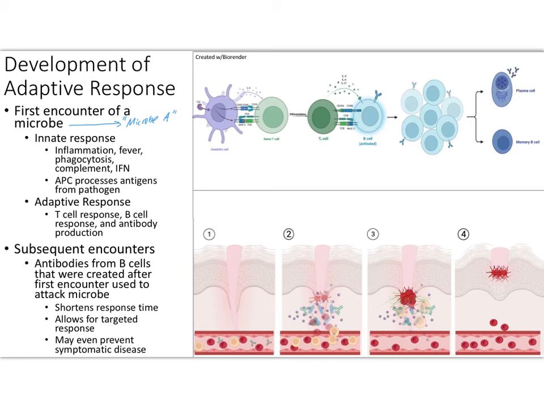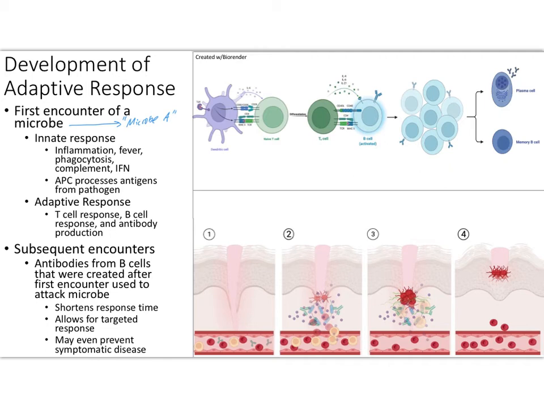We have antibodies from the plasma cell that will be able to circulate in things like blood and plasma and sometimes interstitial fluid and potentially other bodily fluids as well, so that the next time we encounter microbe A, we have some immediate protection. And then we also have memory cells that are going to circulate in our body so that if we don't quite have enough ready-made antibodies available the next time we come in contact with microbe A, they can really quickly switch on some protein production and create more antibodies to deal with that infection.